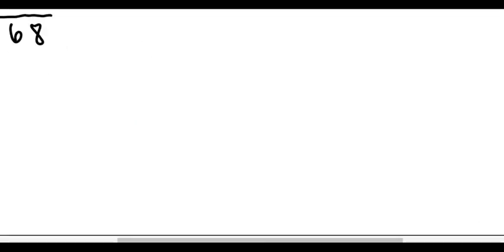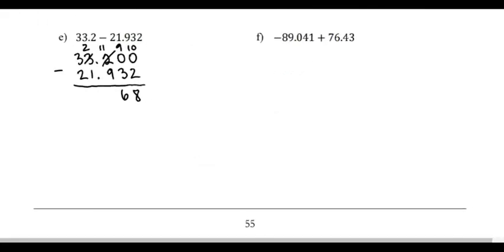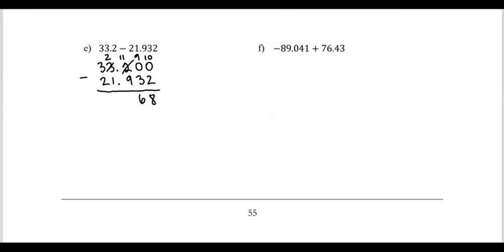So again, 11 minus 9. Apologize for my screen going kind of silly. All right, so I have 11 minus 9, which gives me 2. Now I have my decimal point. 2 minus 1 is 1, and 3 minus 2 is 1. So 33.2 minus 21.932 is 11.268.